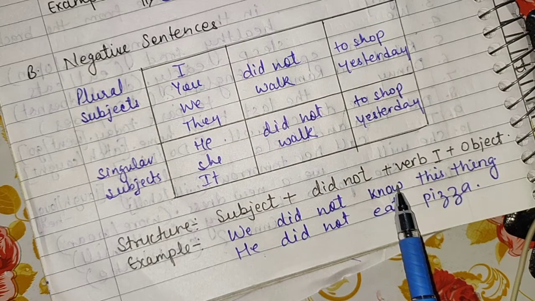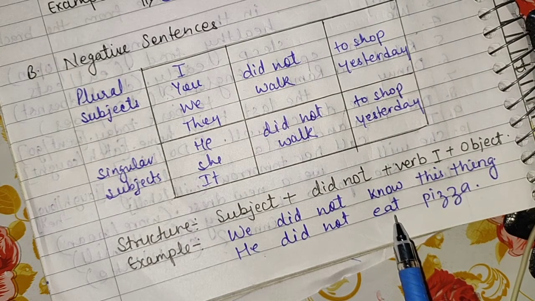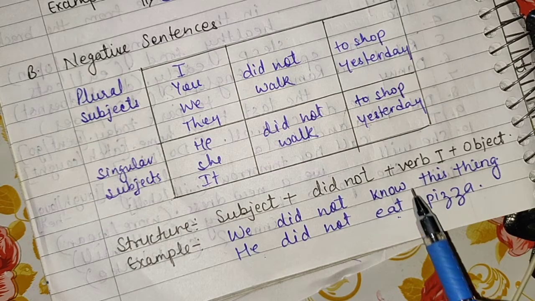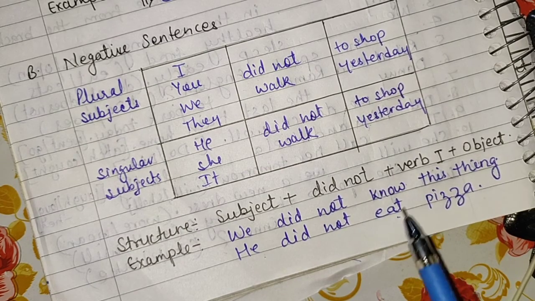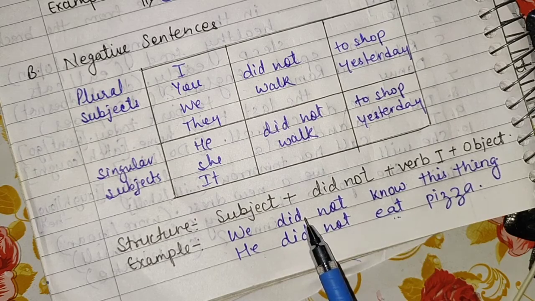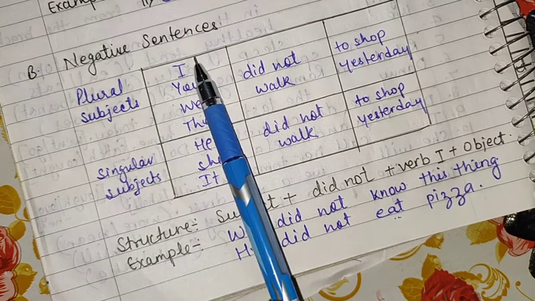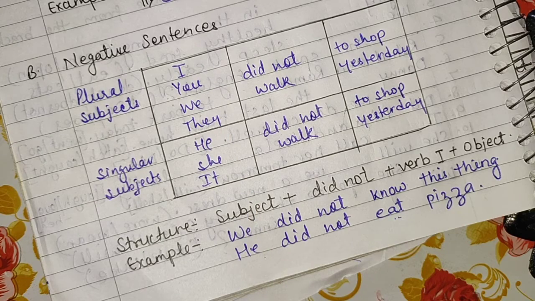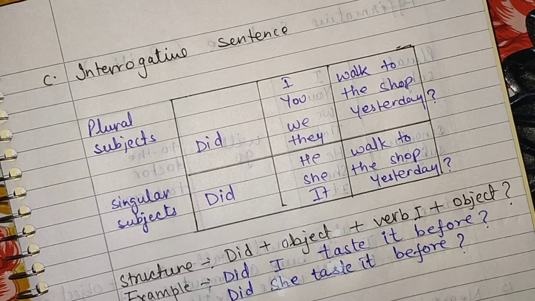The second form of the verb know is knew, and the second form of the verb eat is ate. Okay, so you can see here that I have used the first form of the verb, know and eat, because we are using did in the negative sentences in past tense. Have you understood? Now let's move on.